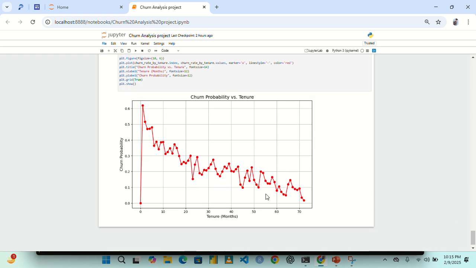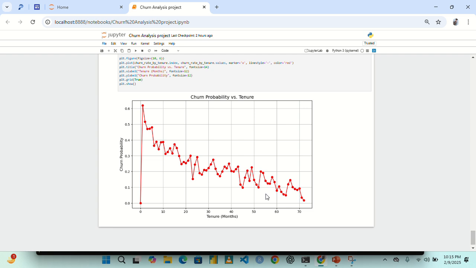And for the last EDA or data visualization, I made churn probability versus tenure. What I found from this graph is that early churn is a problem. Customers leave shortly after subscribing, possibly due to unmet expectations, pricing issues, or lack of engagement.